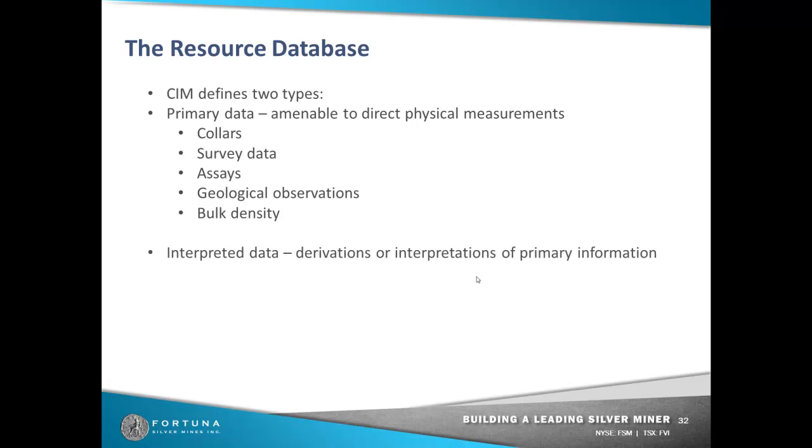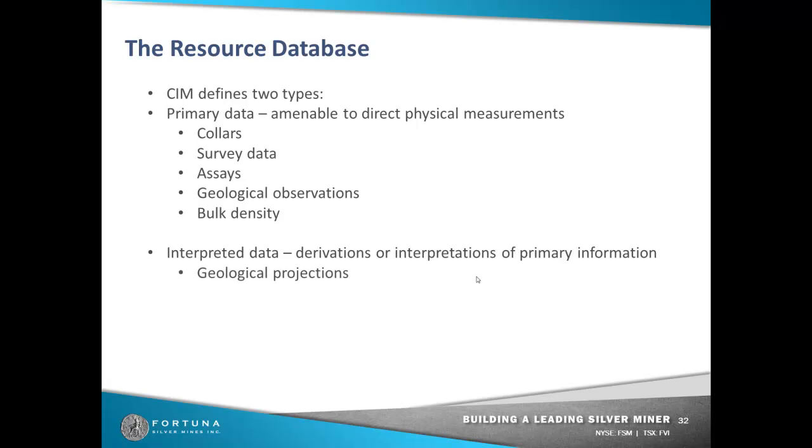Now the second type of data is interpreted data. This is normally information which is derived from the primary information. So it's not something which we immediately physically take a reading from the field, but it's something which we begin to generate once we have that primary data and we're beginning to make some types of interpretation and evaluations based on it.